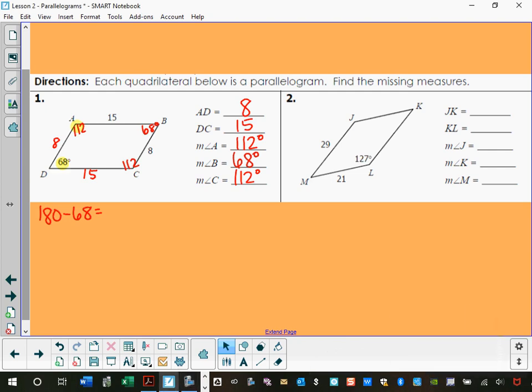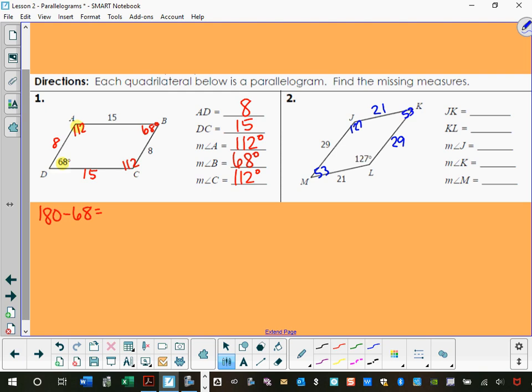Let's see what we got here. If I fill this picture out, what do you guys get for KL? 29. All right, so JK, did you get 21? For angle J, what did you get? What about for angle N? 53. And so for angle K, we got 53 degrees.